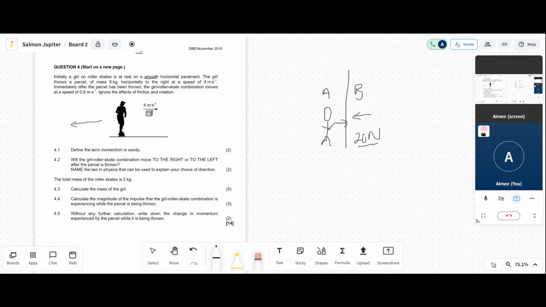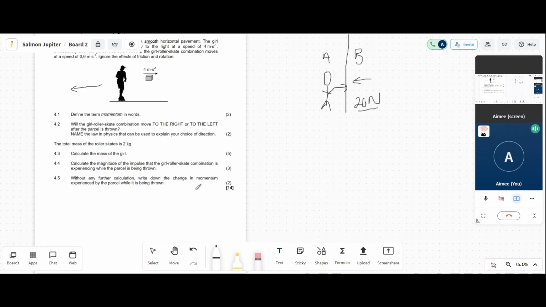Now we move on to the next question. It says that the total mass of her roller skates is 2 kilograms. So her roller skates weigh about 2 kilograms. And in question 4.3 they want to know, what is the mass of the girl?